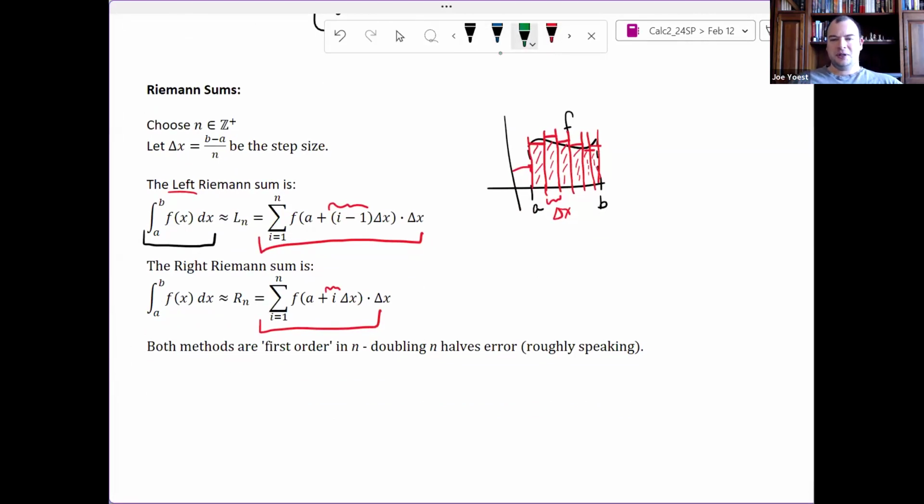Something that's very important to know about an approximation method is what we call the order of the method.